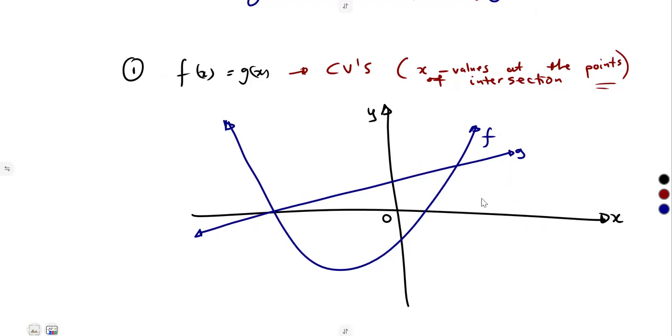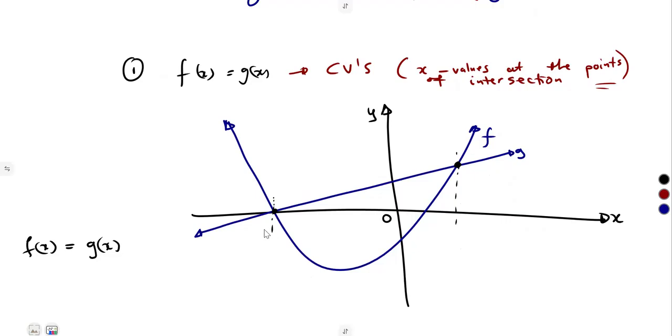With these two graphs, if I am to determine the values of x for which f of x is equal to g of x, I'm supposed to work with the critical values, which are the x values at the points of intersection. The intersection at this point and this one. These are the intersections. So you need the x values there.